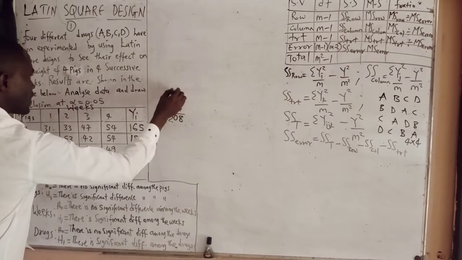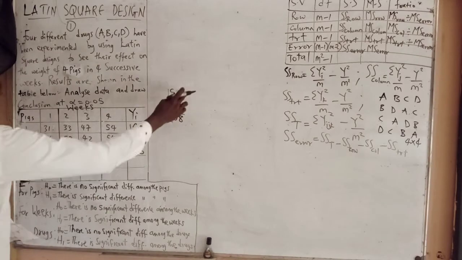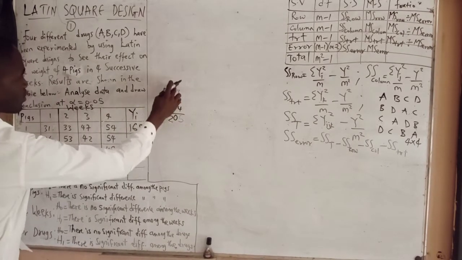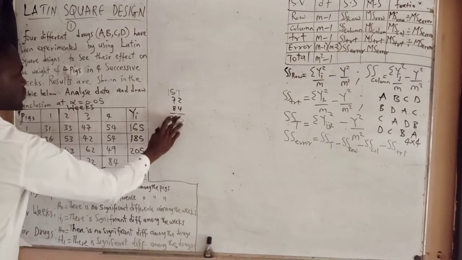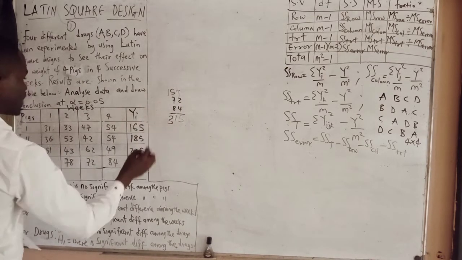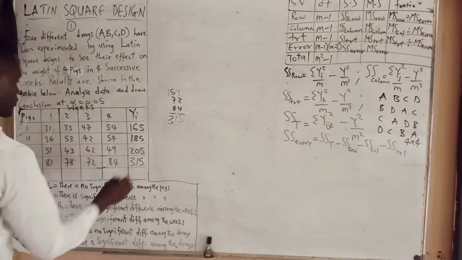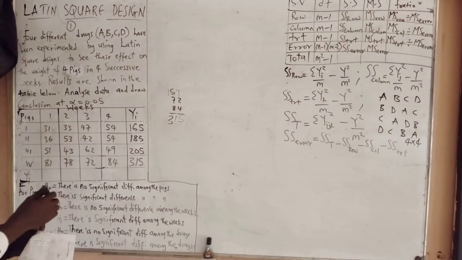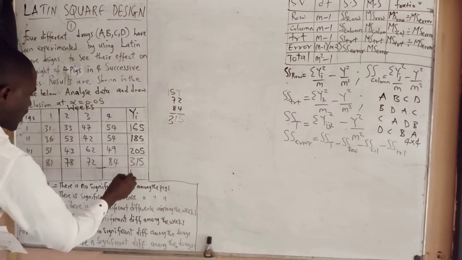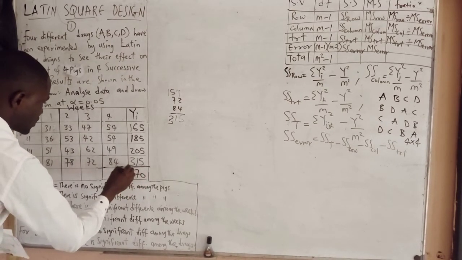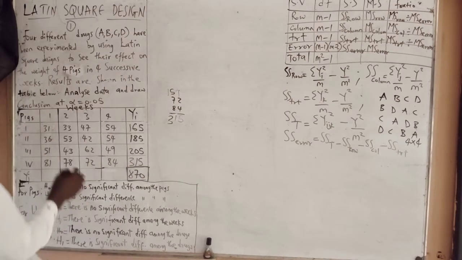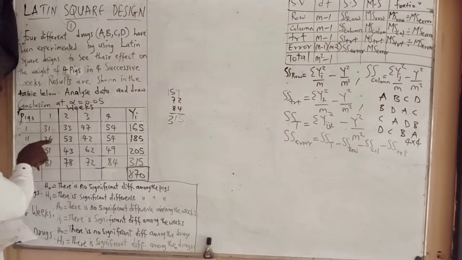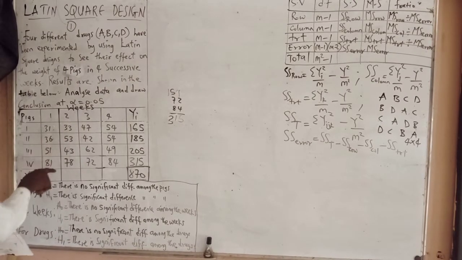Please, 159 plus 72 plus 84, it will give us 315. Then, when you add up everything here, it will give you 870. That is the total.